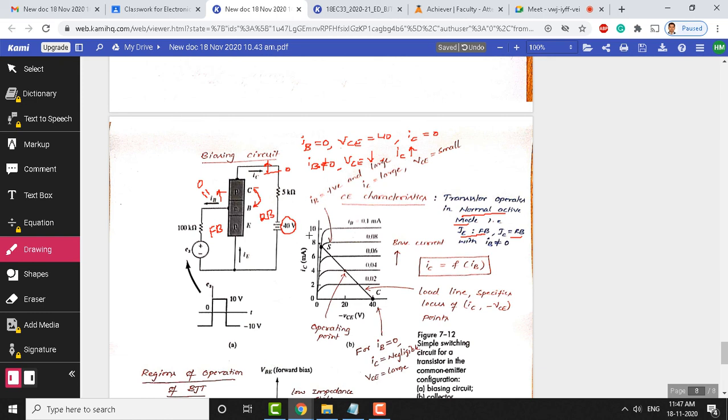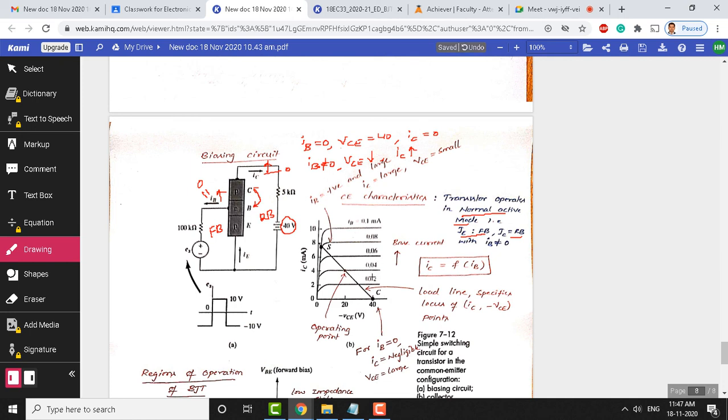That same thing is plotted as graphs here. Since IB is 0, collector current also becomes 0, and the collector emitter voltage, this distance, is 40 volts across collector and emitter.